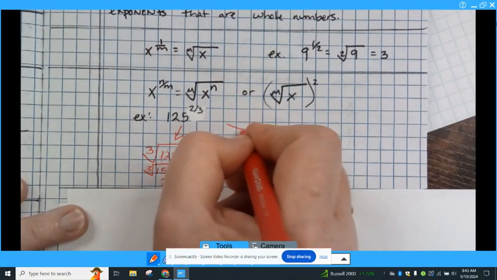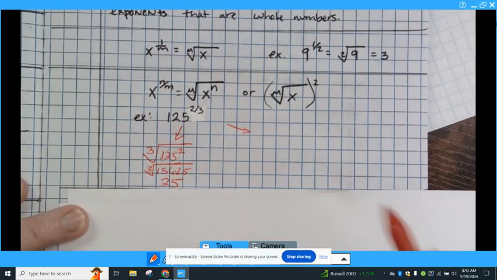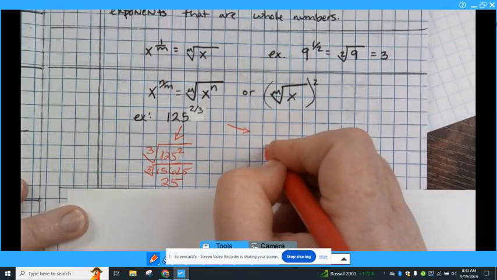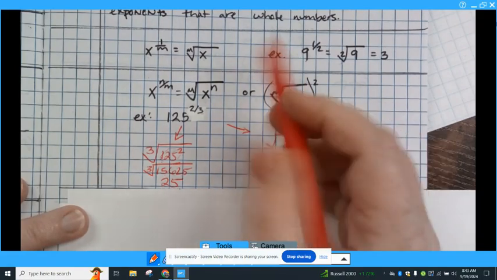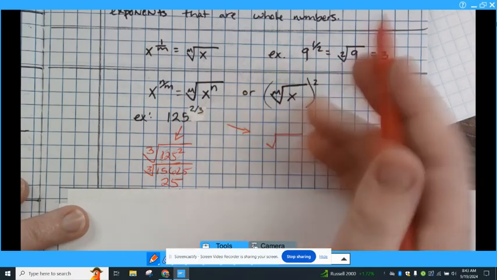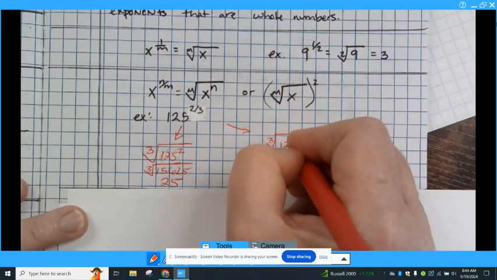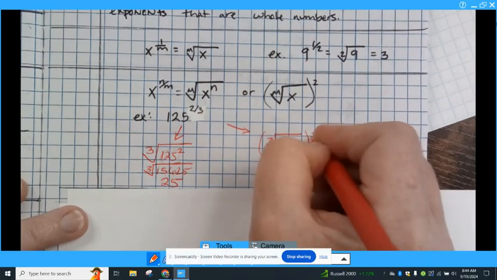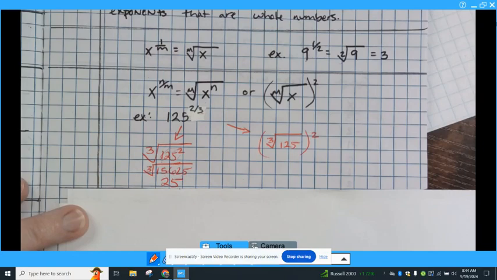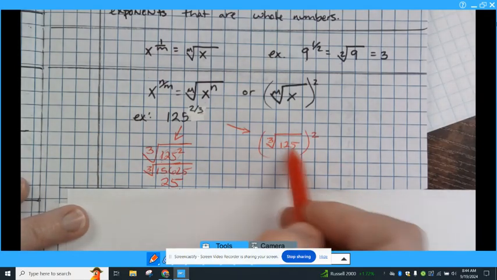The other way to do it is the way I like a little bit better. The first thing we can do is the third root, because again, our denominator is 3. The third root of 125, but we can square it afterwards. So you do the third root of 125 first. You can use a calculator, or this is one of those math facts that in Math 3 you should know.